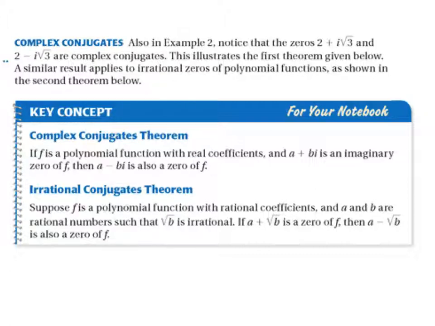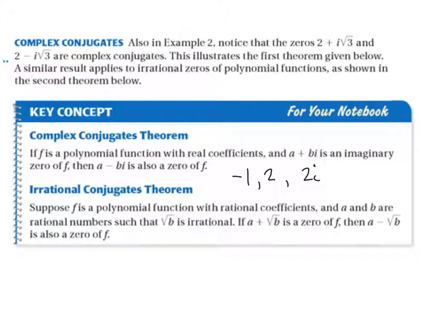A similar result applies to irrational zeros of polynomial functions, as shown in the second theorem below. So let's talk about the complex conjugates theorem. If f is a polynomial function with real coefficients and a plus bi is an imaginary zero of f, then a minus bi is also a zero of f. Often when they list zeros, let's say there's a -1, a 2, and a 2i.